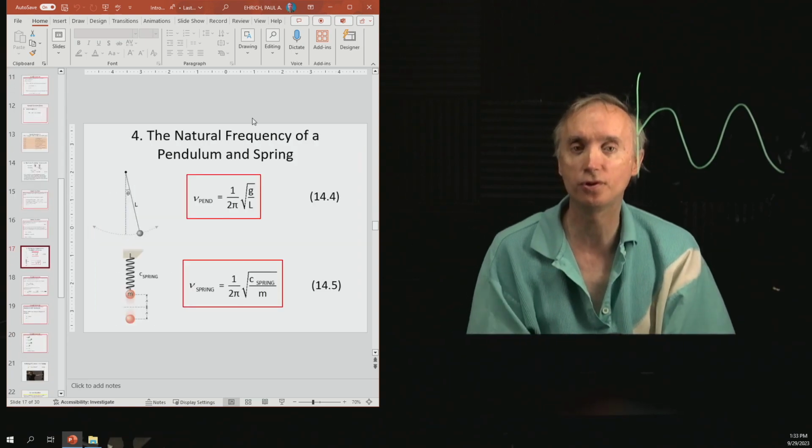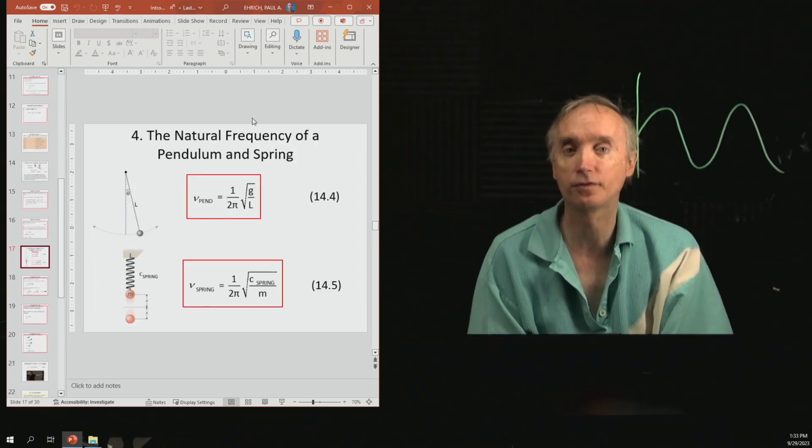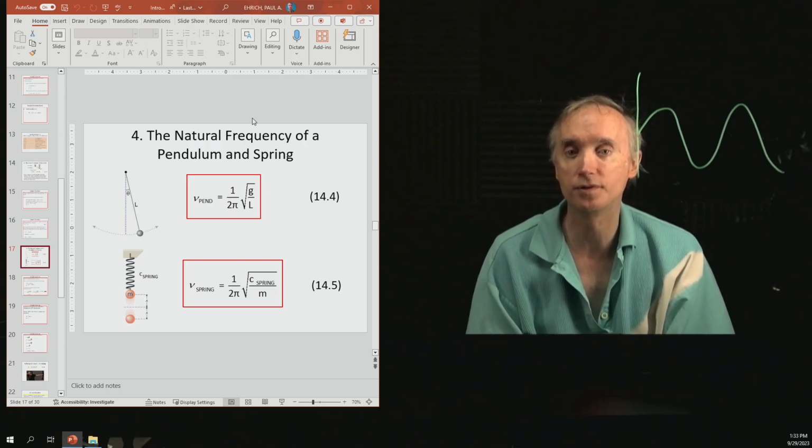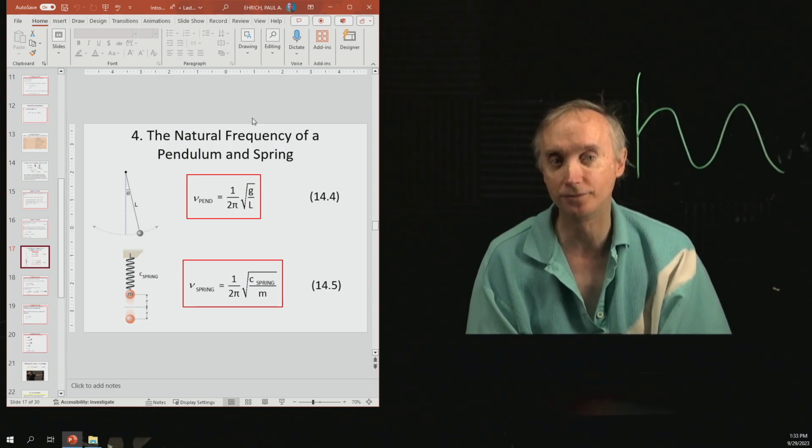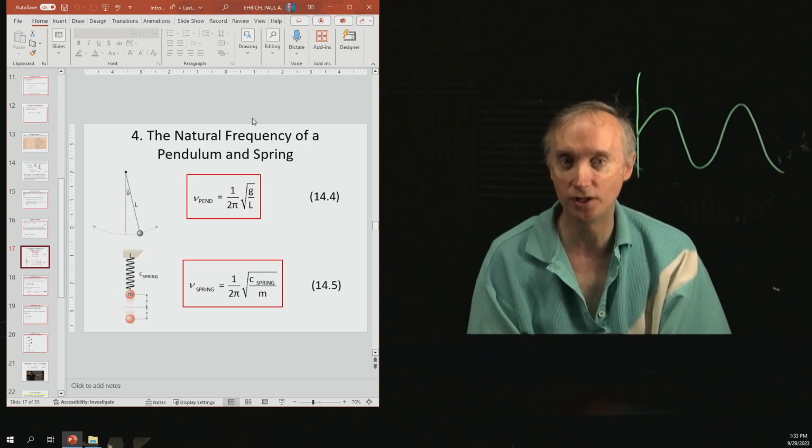But you should be able to calculate the frequency of either a pendulum or the frequency of a spring. And so here are two equations. The first one allows you to calculate the frequency of a pendulum if you know how long the pendulum is, so that's the L, and if you know what planet you're swinging it on, so that's the g.